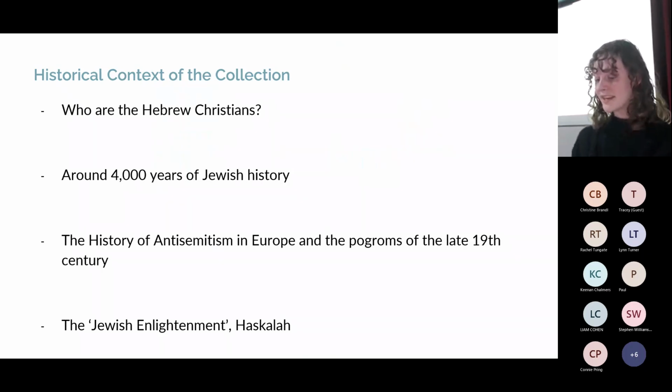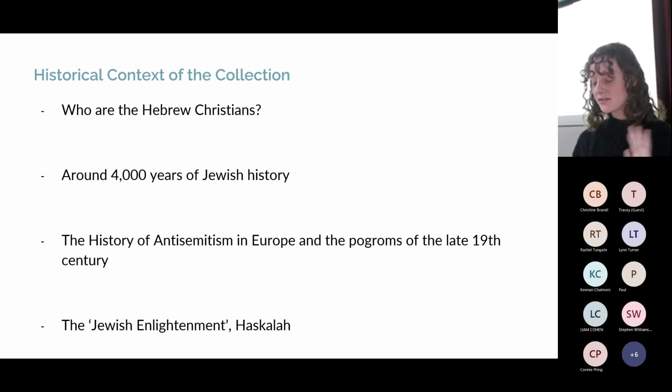So to fully understand the differences and intricacies of these two belief systems, we would need to explore over 4,000 years of Jewish history and over 2,000 years of Christian theology, which we're just not going to have time for today. So I hope you'll forgive me for that. And if there's anything that you need clarifying, please do ask me.